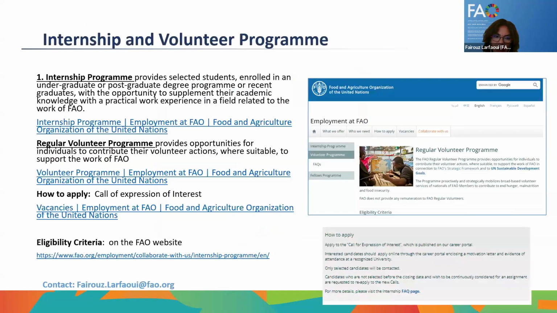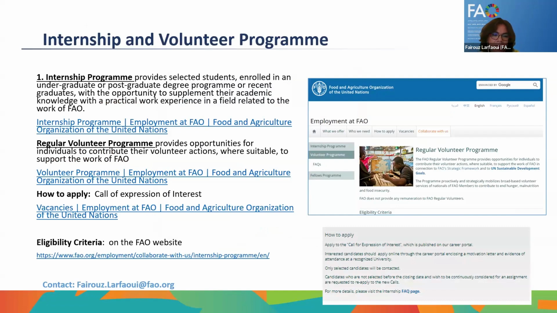I would like to conclude my presentation by saying that FAO has an internship and volunteer program that allows you to gain experience in FAO, and here you have all the explanation on how to apply if there is any interest from your side. There are two different programs.